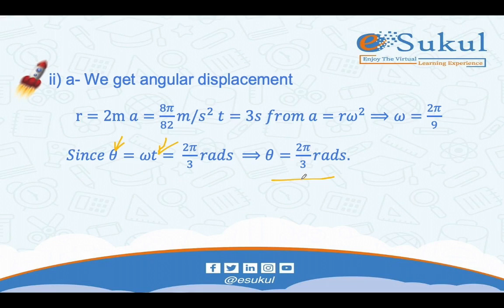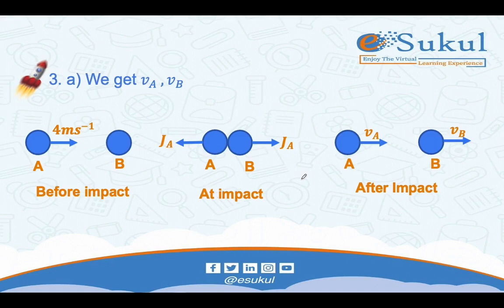We proceed with question 3. In question 3, which is a direct impact, we have two spheres, A and B, and sphere A is initiating the motion, and B is initially at rest. So we are given the initial velocity, as you can see on the slide, as 4 meters per second before impact, and B is at rest.